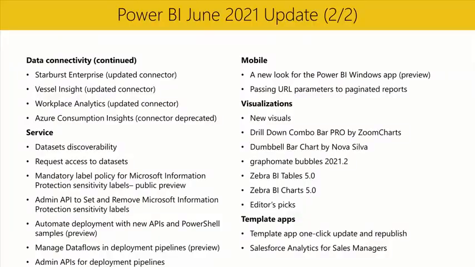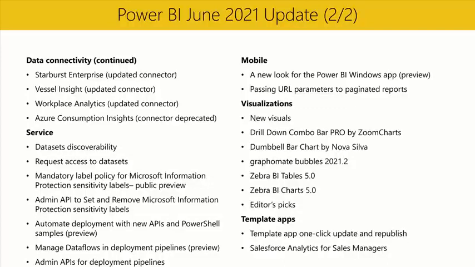Next, we are happy to announce the public preview of mandatory label policy support in Power BI. One of your top asks was to help ensure that new content brought into Power BI is brought with sensitivity labels. And when mandatory label policy is enabled, users will be required to apply labels when they upload PBIX files to Power BI, create new content, or edit content that doesn't yet have a label in Power BI.